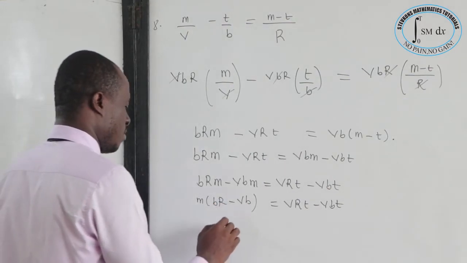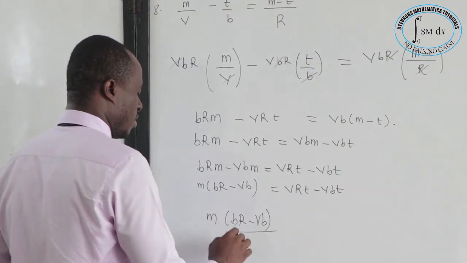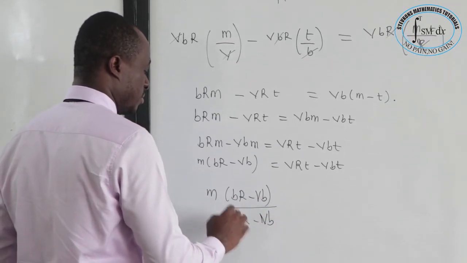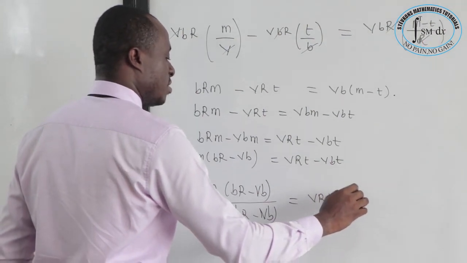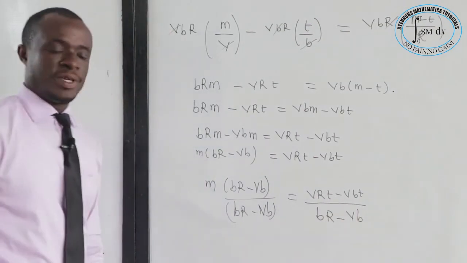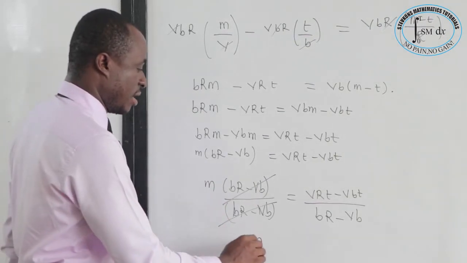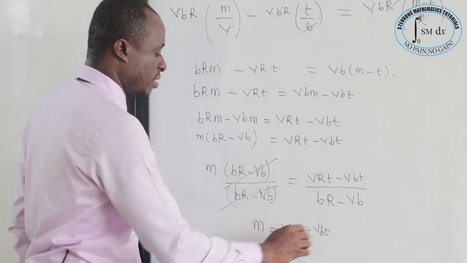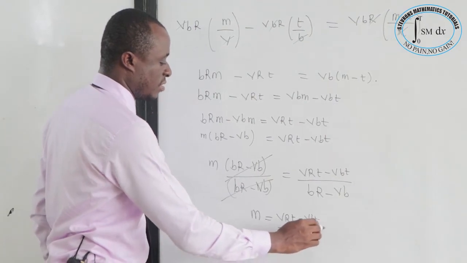So m(br minus vb) all over br minus vb equal to vrt minus vbt all over br minus vb. So this is cancelling out that. So we have our m equal to vrt minus vbt all over br minus vb.